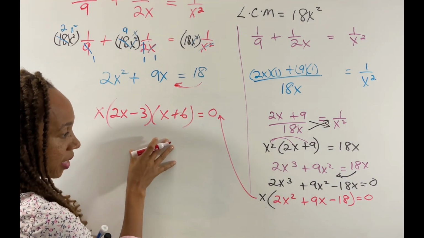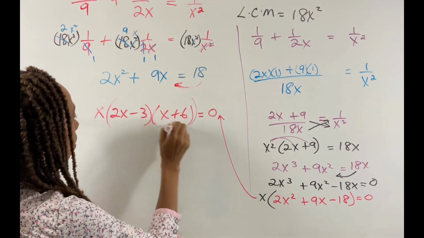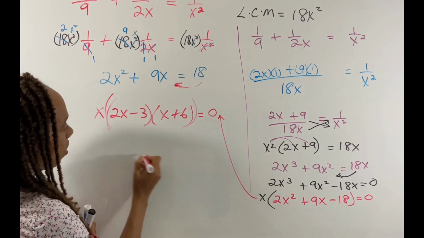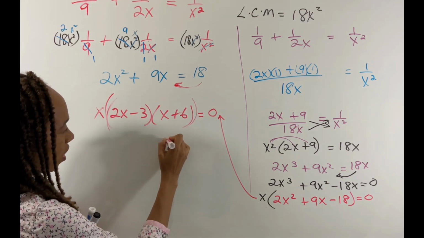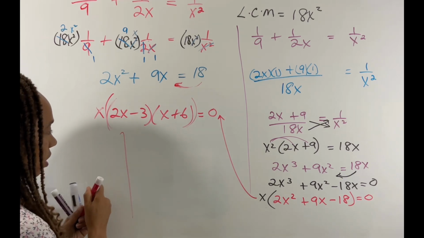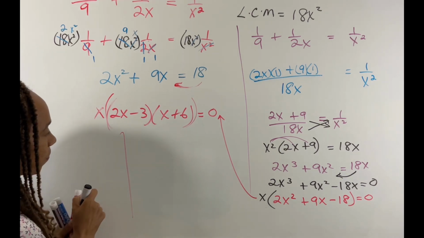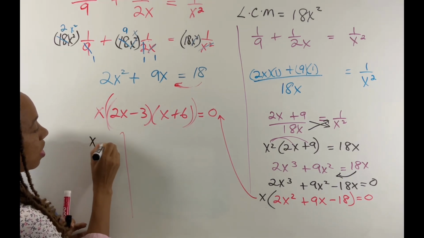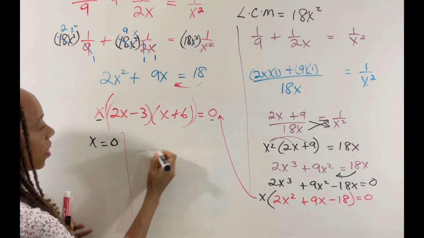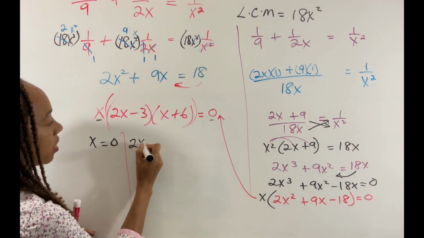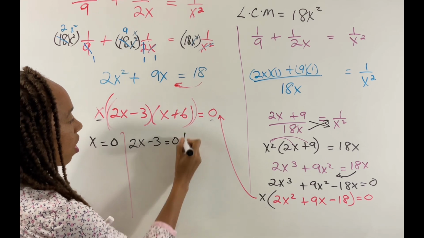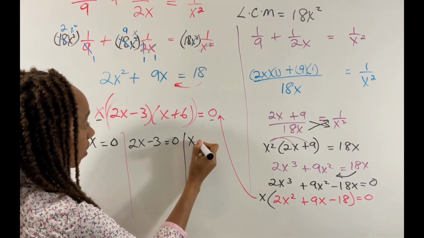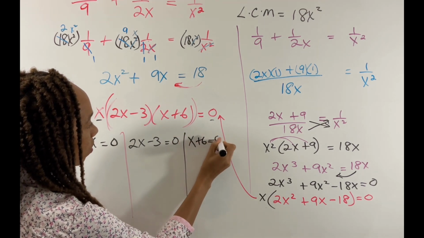And with this, because we have two parentheses there, we can split this in 3. So we have the first part, which is x equals 0. That's for this part. And then we have 2x minus 3 equals 0. And the last part is x plus 6 equals 0.